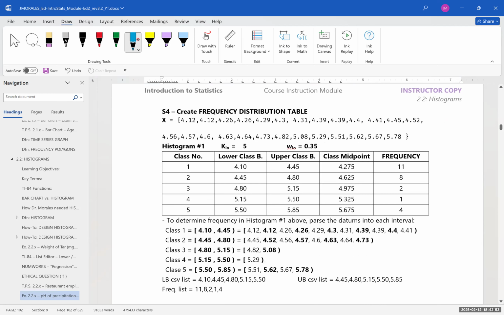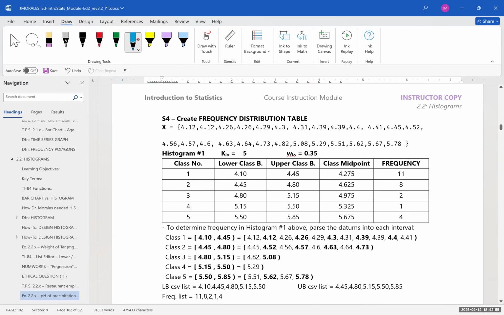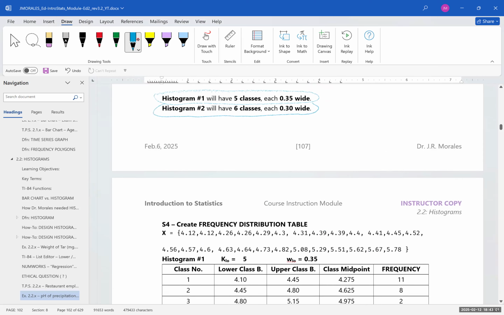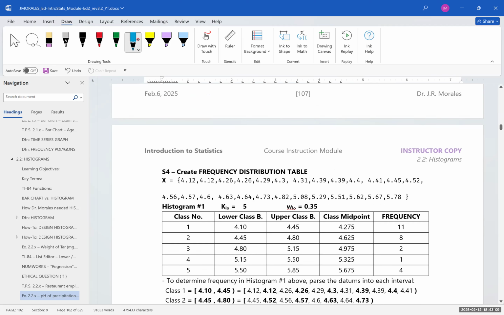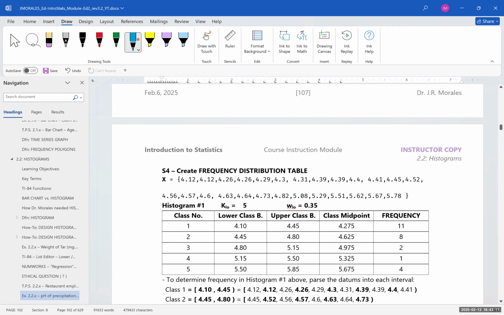So now we need to create a frequency distribution table. This is where your calculator is going to come in handy, right? Because you can't easily add 0.35 in your head, and you can't easily add 0.3 in your head. So histogram 1 has 5 classes, so we're going to label this 1 through 5.